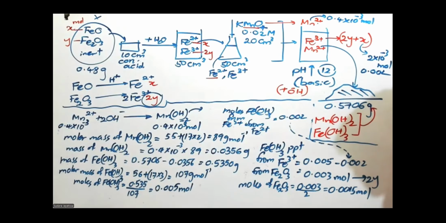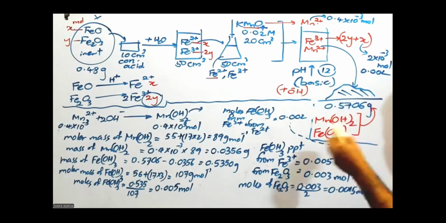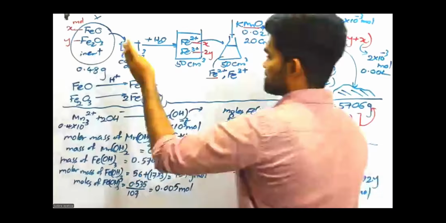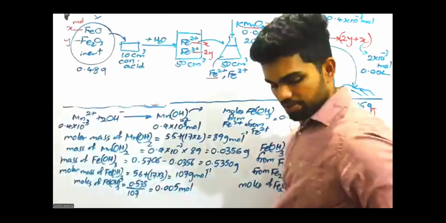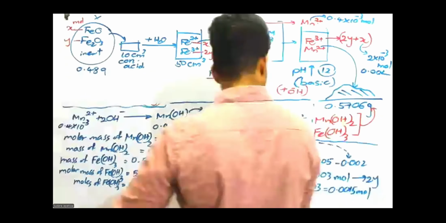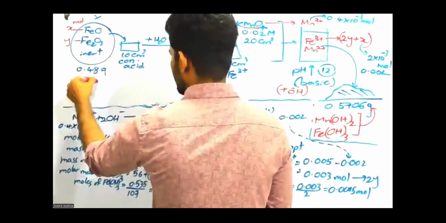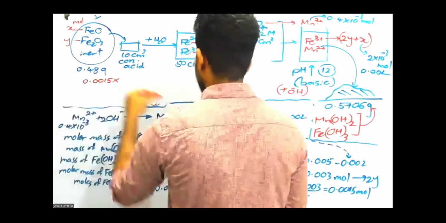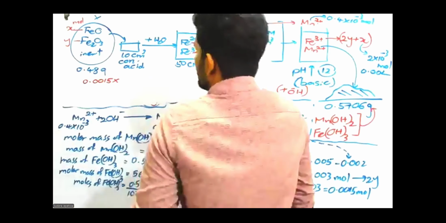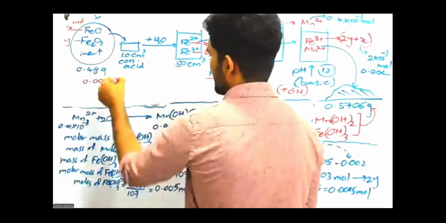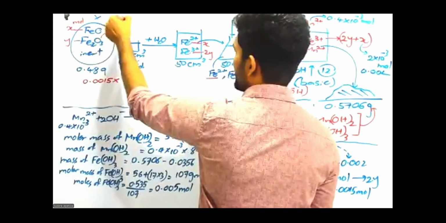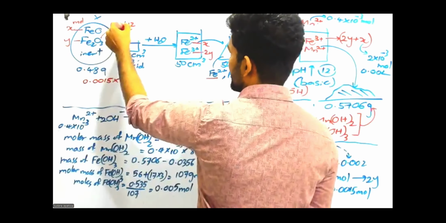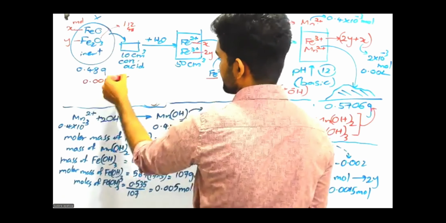So I'll show you that simplification somewhere here. I think this one we can erase now. Simplification is this: 0.0015, that is the number of moles of ferric oxide. And the molar mass of ferric oxide is 56 times 2, 112, plus 48, 160.